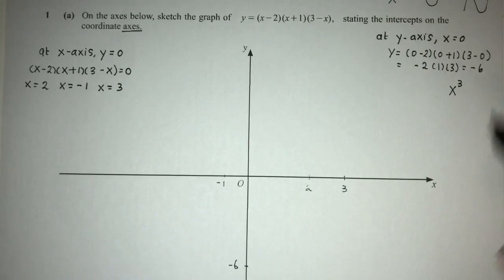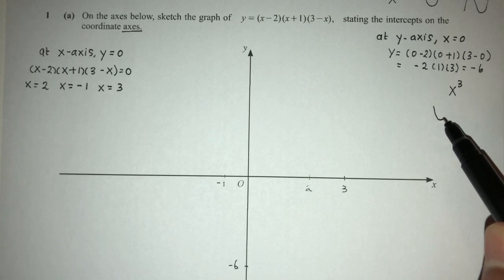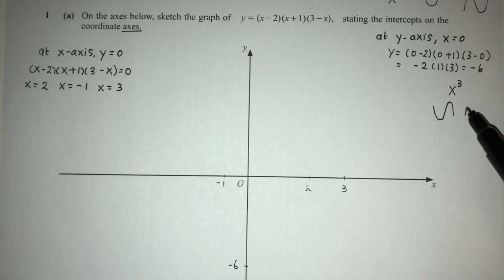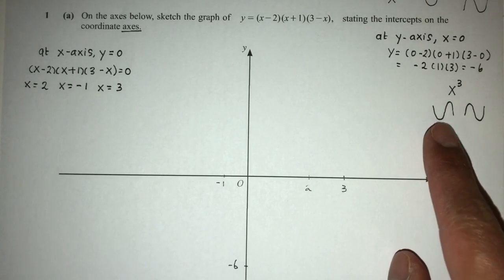So we call this kind of curve a cubic curve. Now, cubic curve can have two shapes. One is it will have a minimum point and then also a maximum point, or we can have a maximum point and then a minimum point. So whenever you have a cubic curve, you will have one of those two shapes.